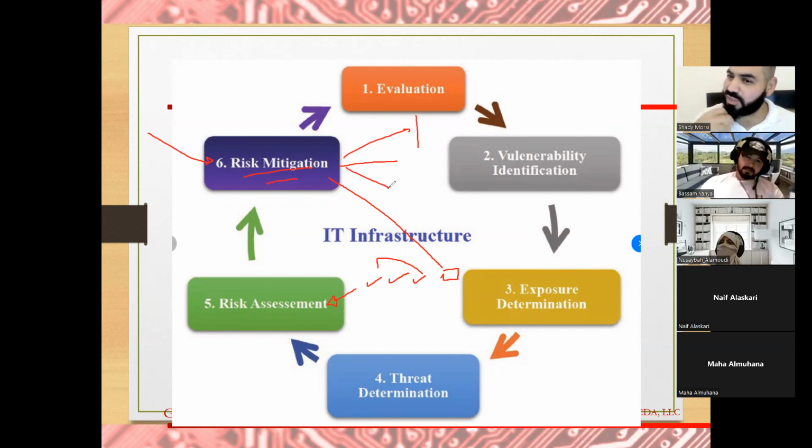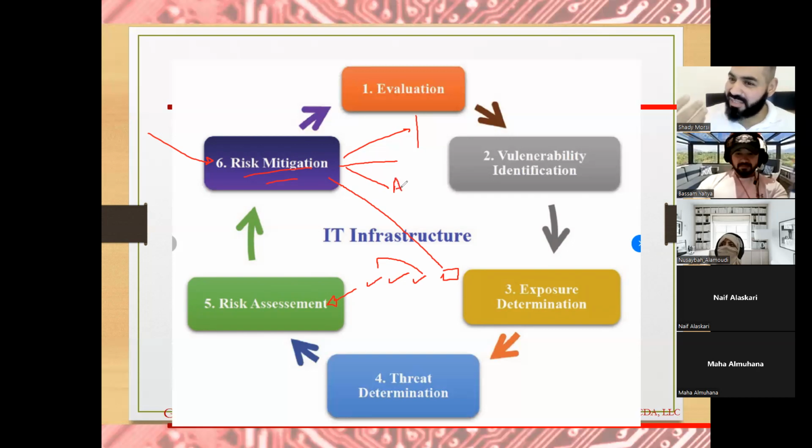I talked yesterday about when I went to work in a nuclear facility. The manager there was talking about a website they wanted to publish. I asked, who needs to access this website? They said no one really needs to access it. I said, then why are we publishing it? This is a mitigation technique called avoidance.